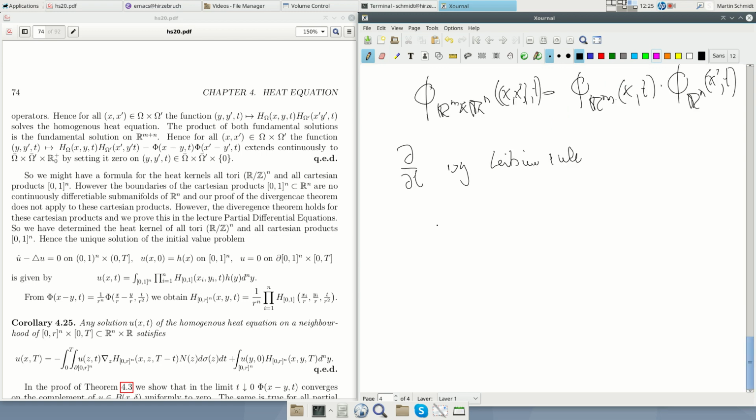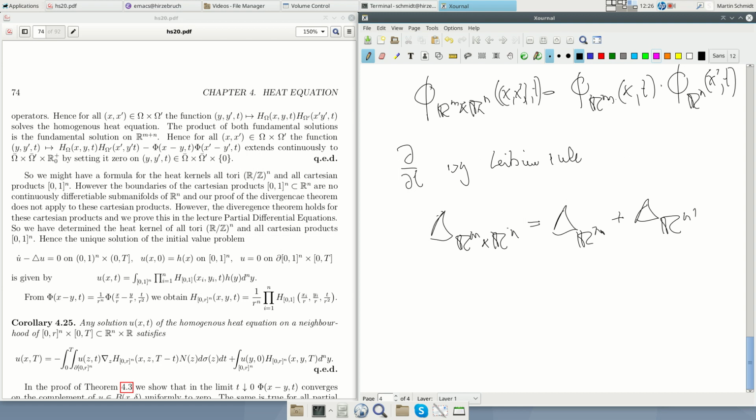But since the Laplacian from Rm cross Rn is the sum of the Laplacians, and this Laplacian only acts on this part, and this Laplacian only acts on this part, this really solves the heat equation.